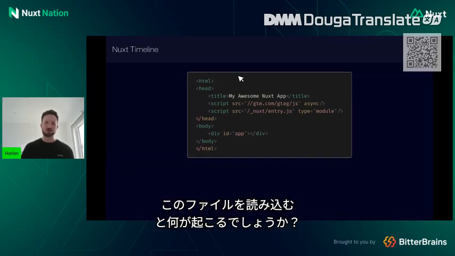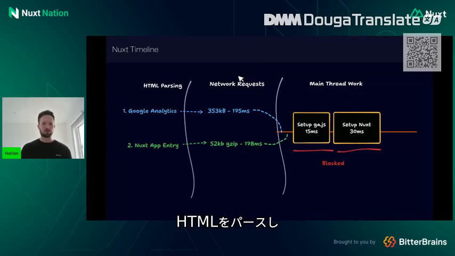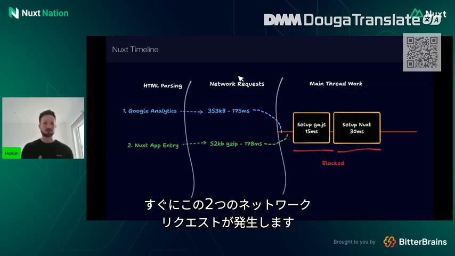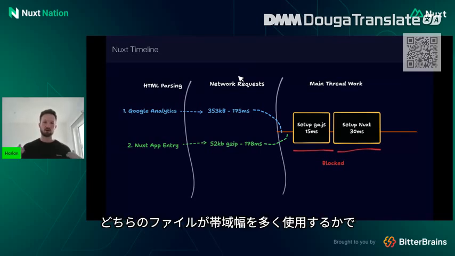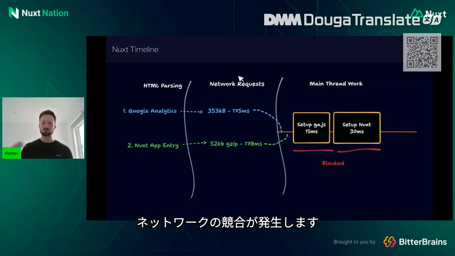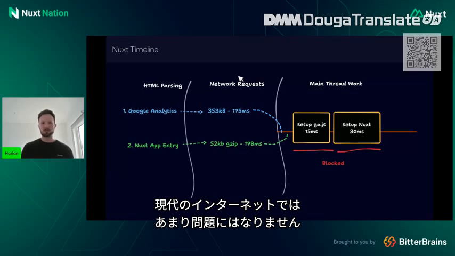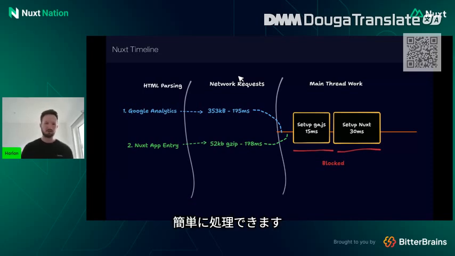So what's going to happen when we load this file? Well, we parse the HTML, and immediately we're going to fire off these two network requests. Straight away, for users who have very low bandwidth, you're going to have the network competing over which file gets most of that bandwidth. For modern internet, that's not really a problem. It can deal with this quite easily.